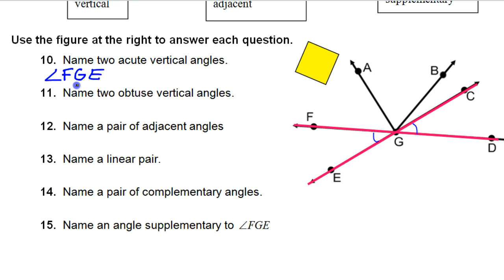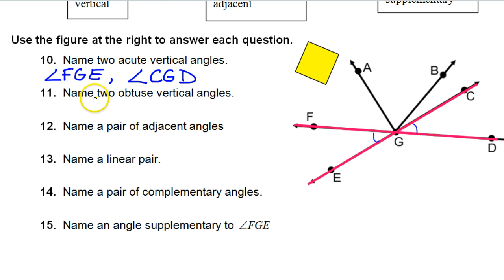Or I could have said EGF, but G has to be in the middle. I can't just say angle G because look how many angles share that vertex. So that would be ambiguous. And the other one is this angle over here, angle CGD. Alright, those are my vertical angles.